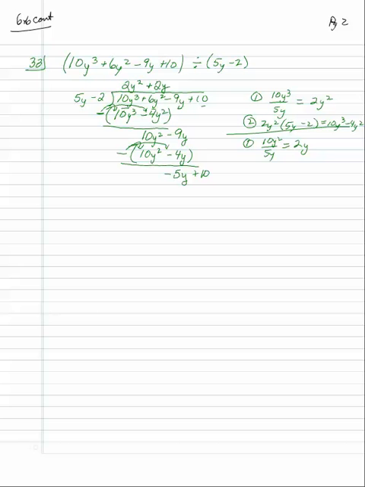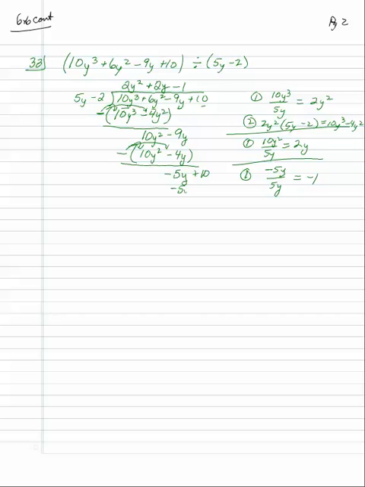And we do another loop because we can divide the first term by the first term, which is negative 5y divided by 5y. So what you're looking at is the degree. Those are both degree 1. You could divide them. Negative 5 divided by 5 is negative 1.